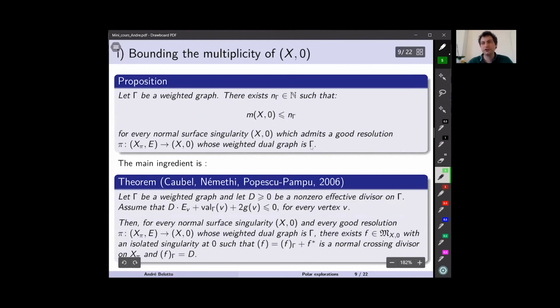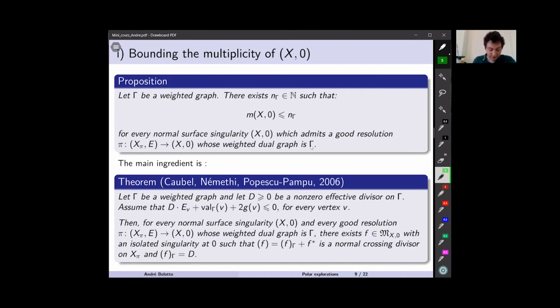And I don't want to spend too much time talking about the proof, but I want to give you the main ingredient of it so that we visualize what we actually need here. What we need is some way to produce a function over the graph with nice properties, and that only depends on the topology. And it turns out that in the literature, there's a very nice result that already gives us that, which is a theorem of Kollár–Némethi–Popescu-Pampu, a very nice result.